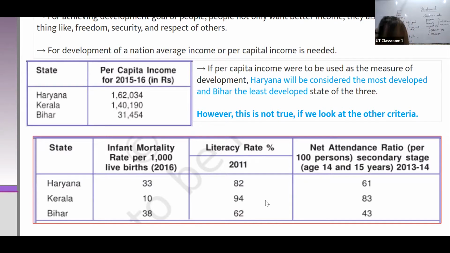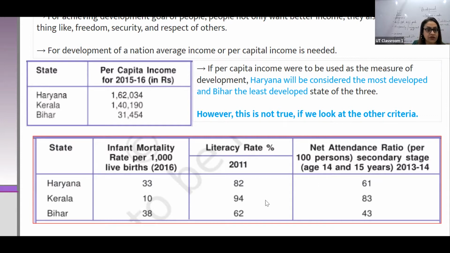Infant mortality rate, per 1,000 live births. What is infant mortality rate? The number of infants who die before the age of 1, per 1,000. Correct. But how many of them are able to survive till the age of 1 year?